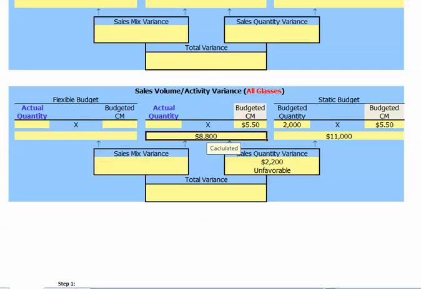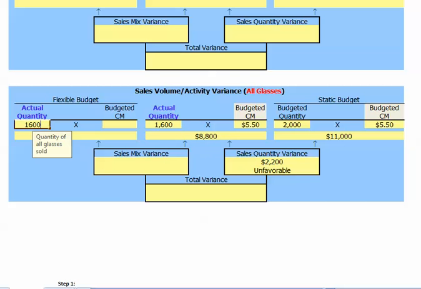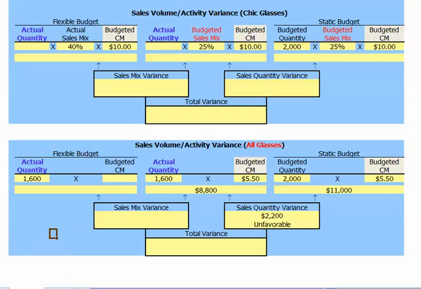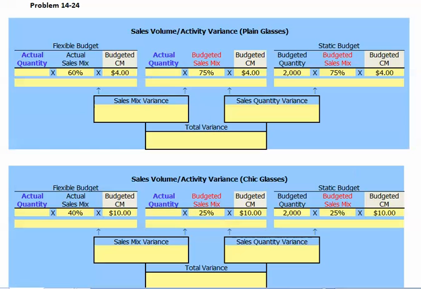So we can now use that number and our budgeted contribution margin to back into the quantity of glasses sold. 8,800 divided by $5.50 per glass, which was our average contribution margin, we get 1,600 for our actual quantity sold. Let's make use of that. Coming up top, actual quantity, 1,600. And again, that's going to be all the way through here, actual quantity.